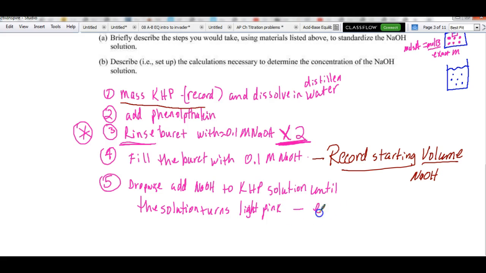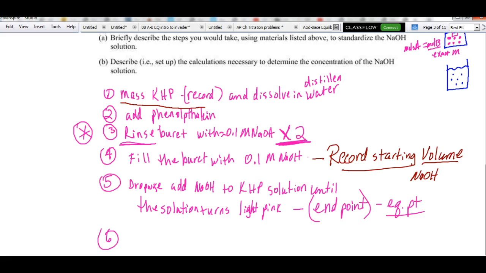That is going to be your end point, where your indicator changes color. And then if you've done a good job of picking a good indicator, that should be your equivalence point.